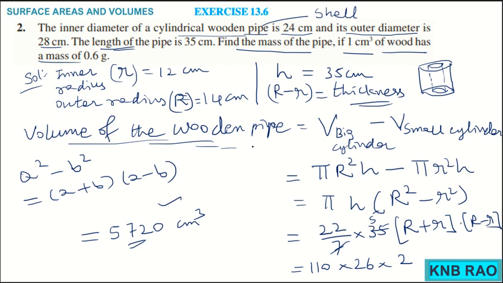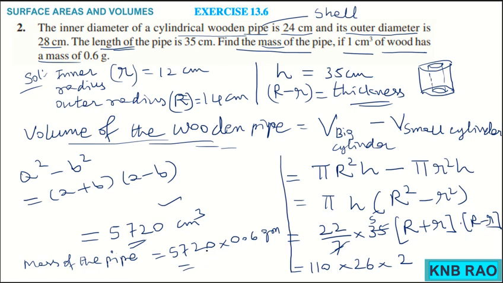Okay, now we will go for next continuation, finding mass. How to find the mass? So mass of the pipe, 1 centimeter cube is 0.6 grams. If it is multiplied 5720, that is 5720 with 0.6, you will get that many grams.